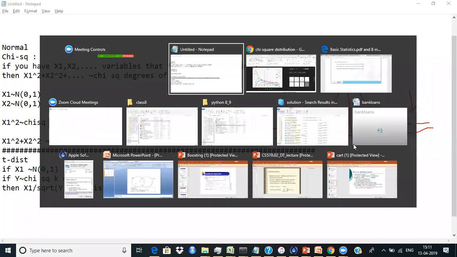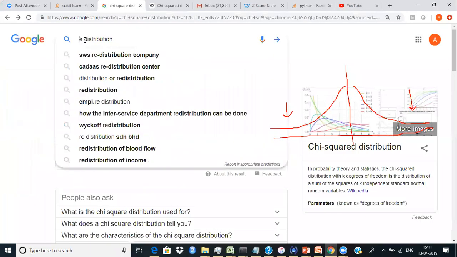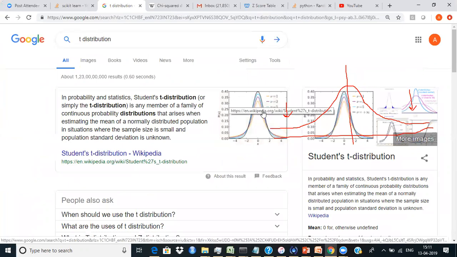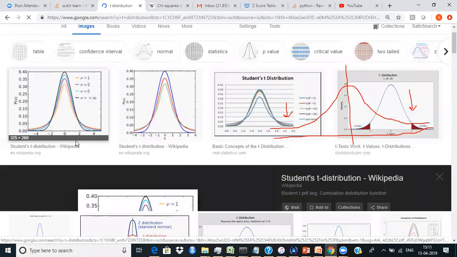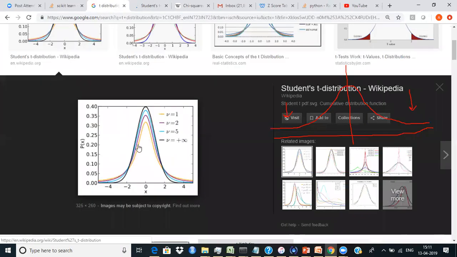So if you want to visualize the T distribution, this is how it looks. It's just like a normal distribution, but pressed down.